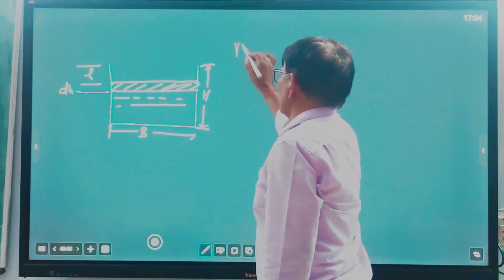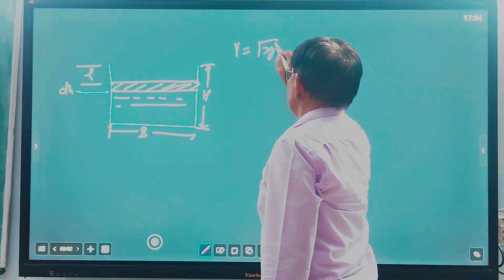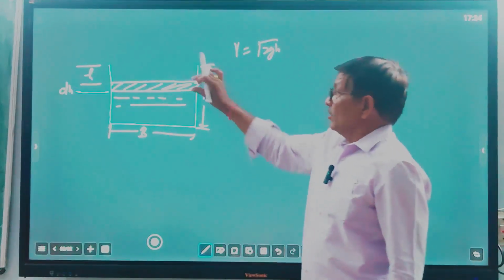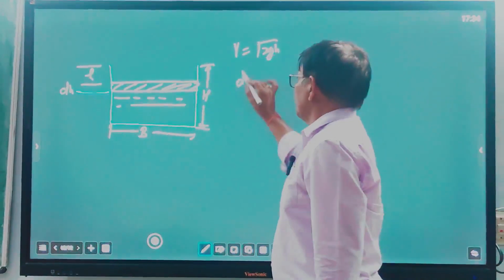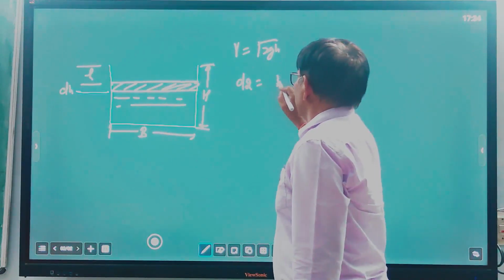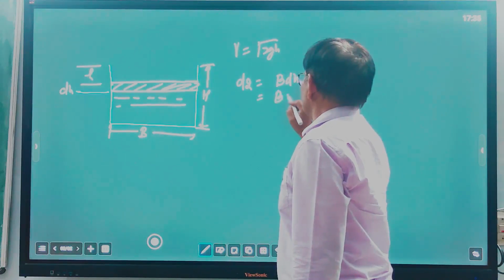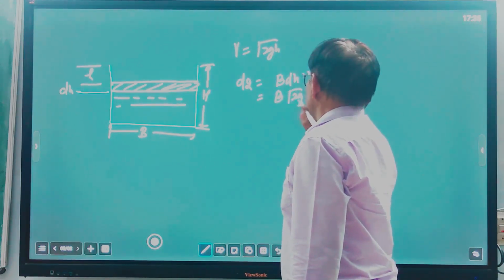Velocity we already calculated, v equals under root 2gh. So the elemental discharge from this layer of water having thickness dh, dq equals b dh into v, that is equal to b under root 2g h into dh.